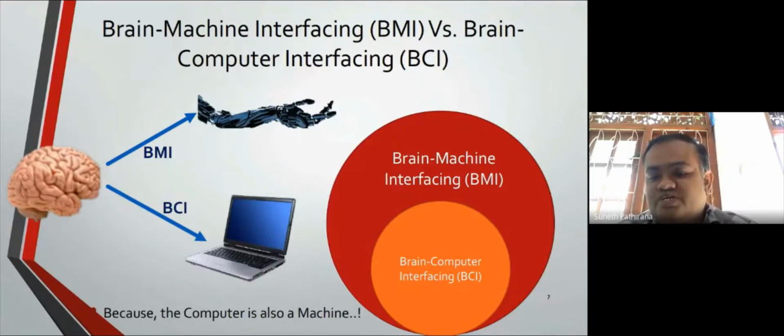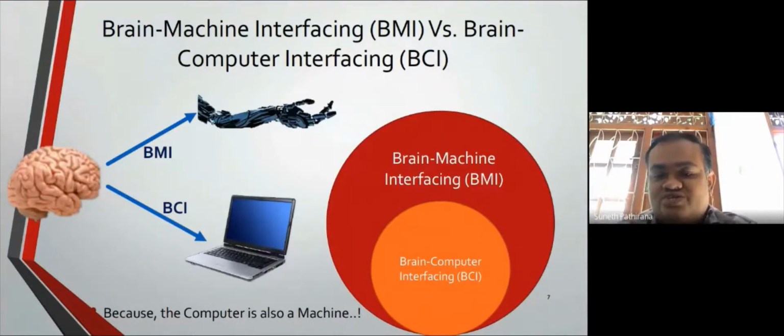Brain-computer interfacing is a subdomain of this research discipline. It's all about controlling a computer. That means, as I explained, you can emulate the functionality of a mouse, keyboard, or joystick used in computer gaming. You can control these devices with your thoughts, what we call a mind-controlled computer, which doesn't have a physical mouse or keyboard.